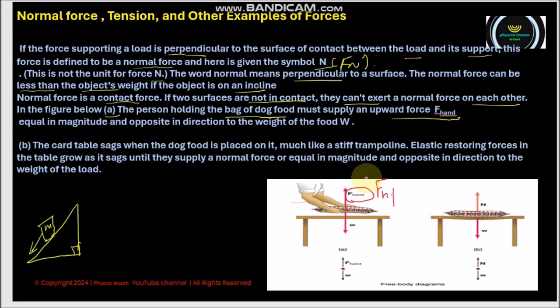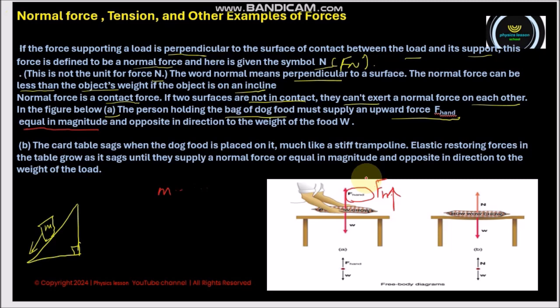So its direction is upward, equal in magnitude and opposite in direction to the weight of the food. Assume the weight of the food means the food has its own mass.